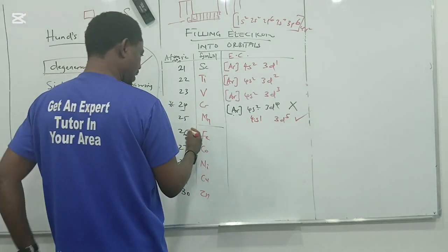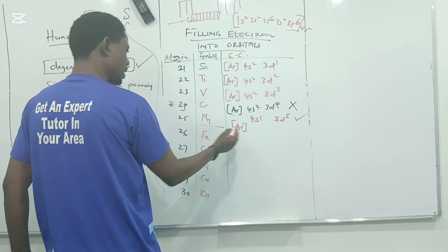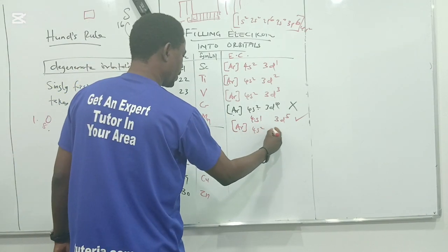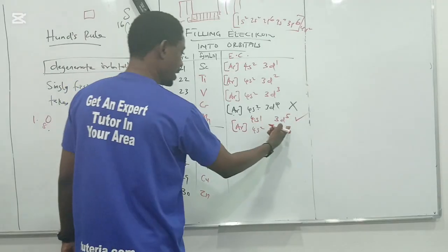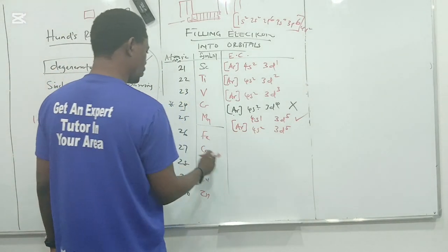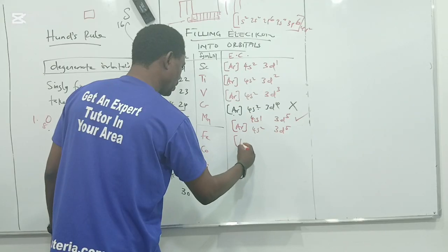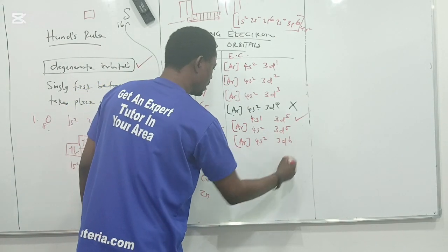So for manganese, let's see again, argon, can you see? Then 4s2, we give electron back, 3d5. So chromium and manganese, they are 3d5 configuration. If we add it, 20 plus 5, that's 25. Iron again will be argon, 4s2, 3d6. Can you see that?